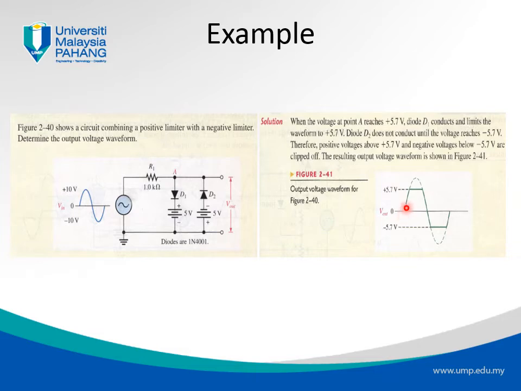As the input goes up, the output voltage also goes up, but once it reaches 5.7 volts, the current can go through D1. If it goes through D1, it is a short circuit, so no more voltage increase is observed. Now we observe a flat at 5.7 volts, right? A flat at 5.7 volts. And the same thing happens for the negative part of the waveform.